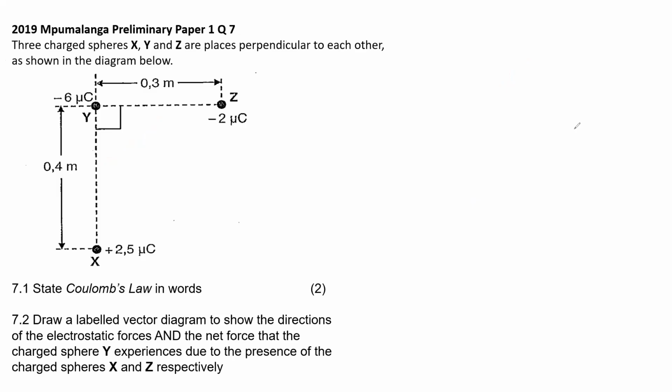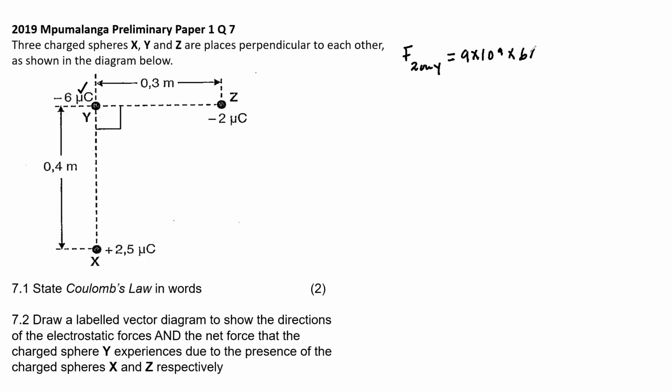Remember, we're looking for the magnitude of the force. We've already written our formula. That's probably our first mark. Let's get the force that Z exerts on Y. Formula K, that's Coulomb's constant, 9 by 10 to the power 9. And then I've got the magnitude, 6 microcoulombs.